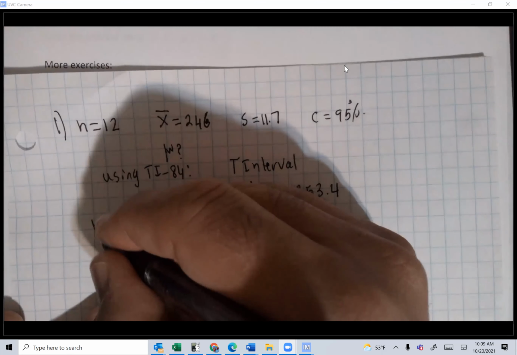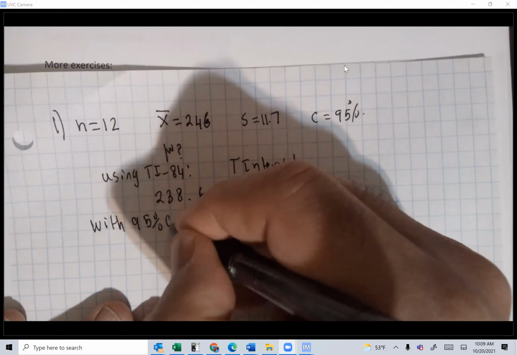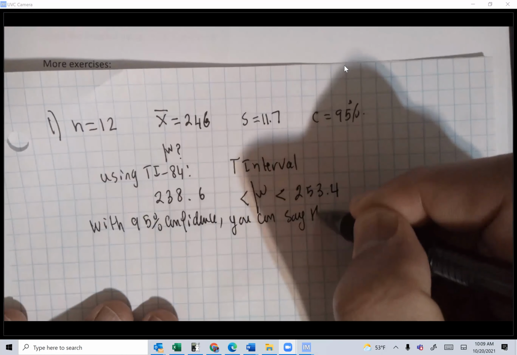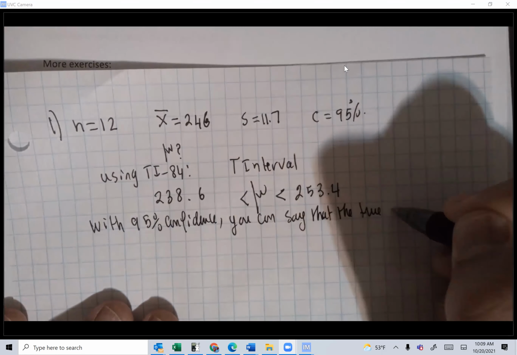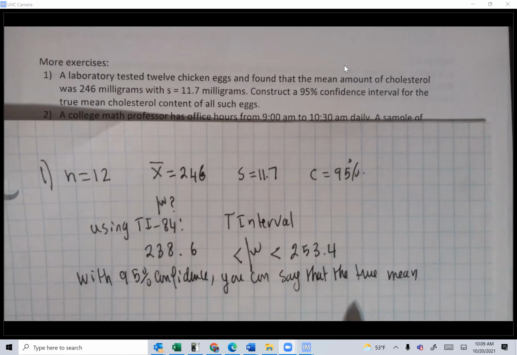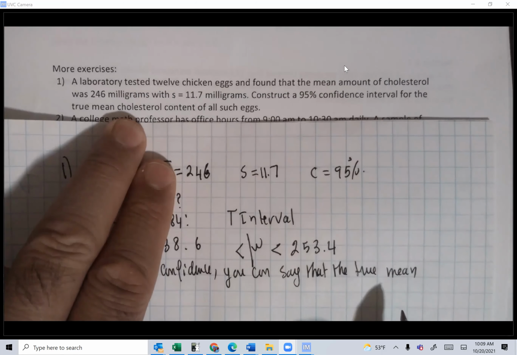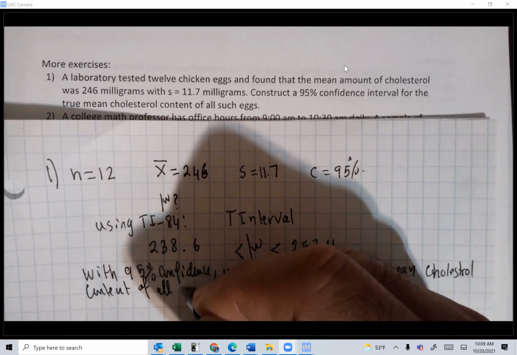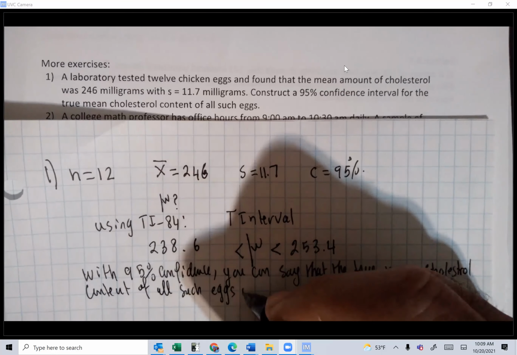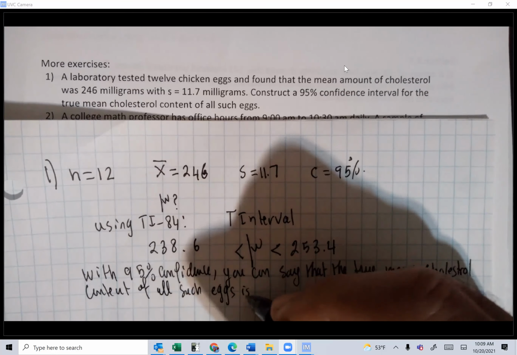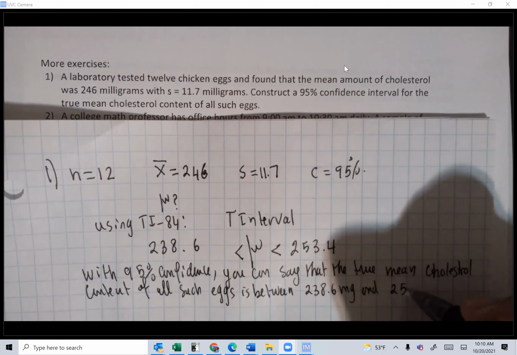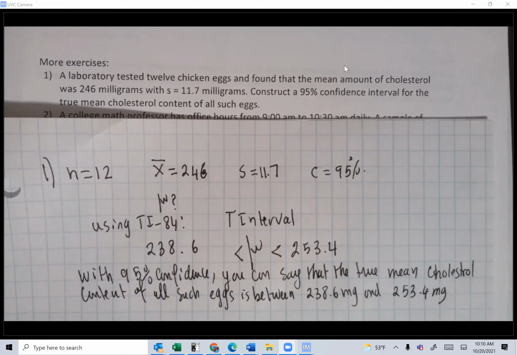You say with 95% confidence, we can say that the true mean cholesterol content of all such eggs is between 238.6 milligrams and 253.4 milligrams. That's using technology, guys, and we're done.